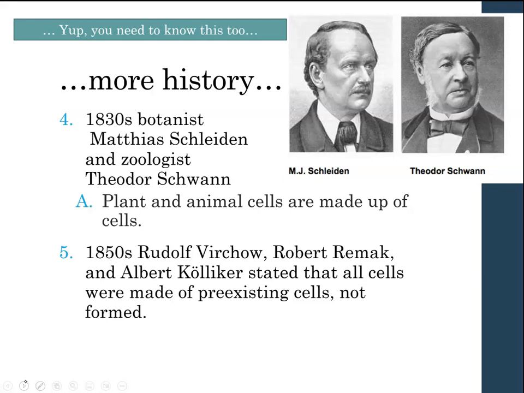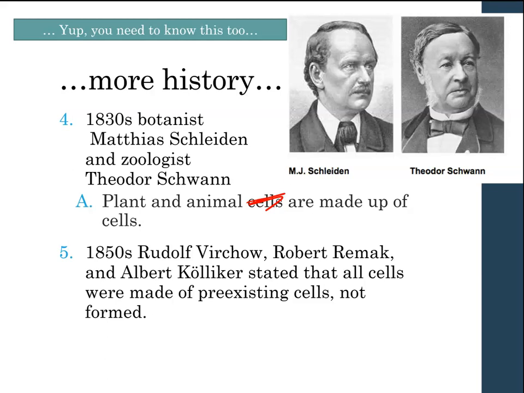So our microscope work continued, and in the 1830s, a botanist and a zoologist, Matthias Schleiden and Theodor Schwann, came up with this grand new idea that plants and animals are made up of cells. So they are a compilation of a whole bunch of cells with all different functions that are all working together to produce the organism and all of its glory.